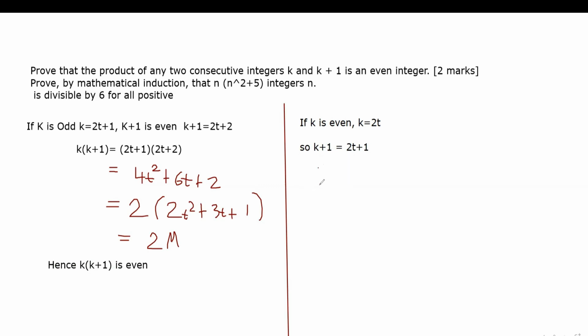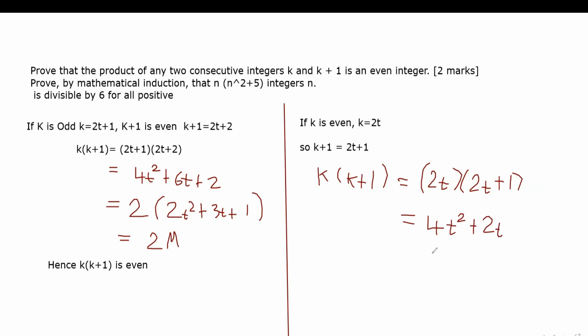So now we can multiply them: k times k plus 1 is 2t multiplied by 2t plus 1. So 2t times 2t is 4t squared, and then 2t times 1 is plus 2t.